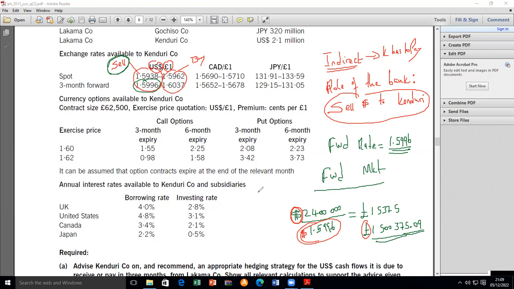So remember, the question doesn't say calculate, like it's mathematical only. The question says you advise. So you need to put a statement.